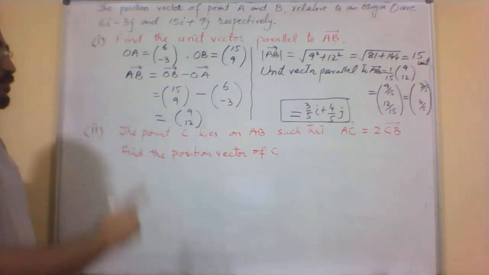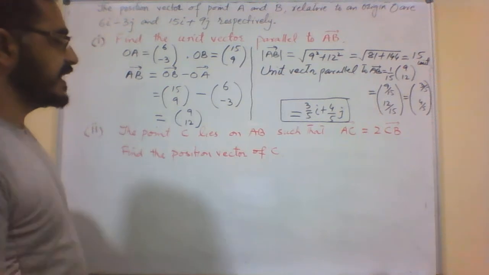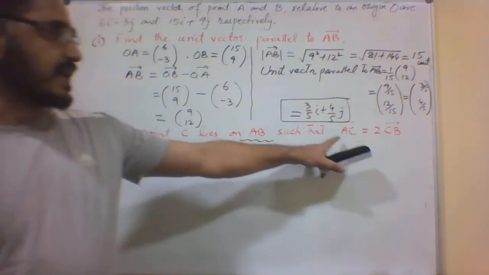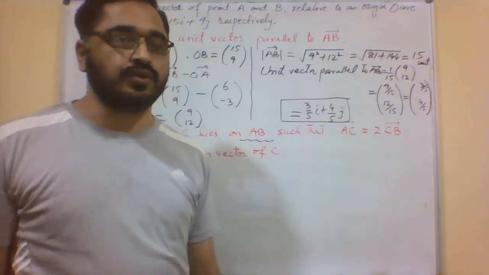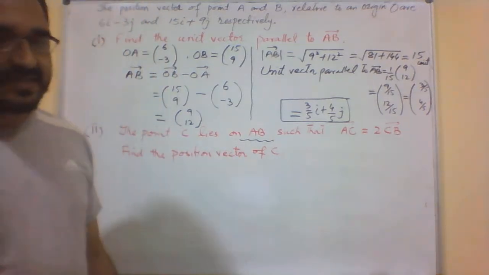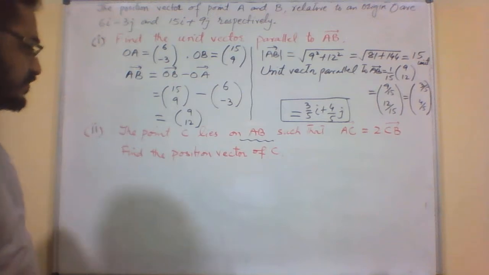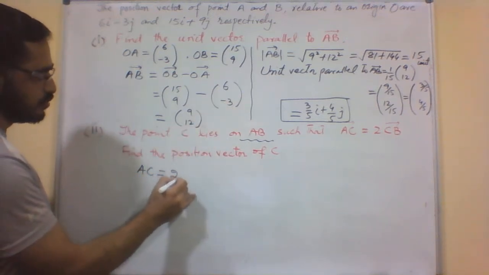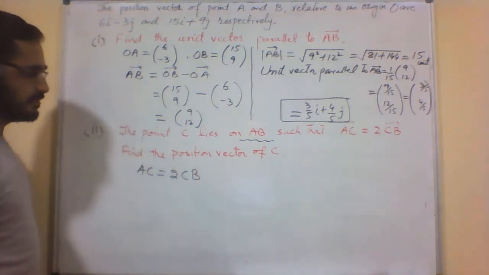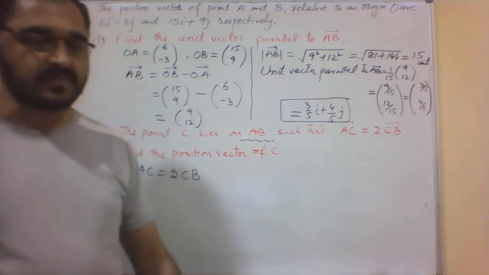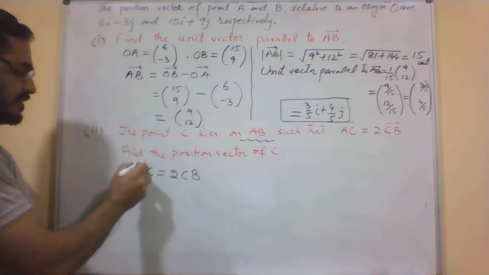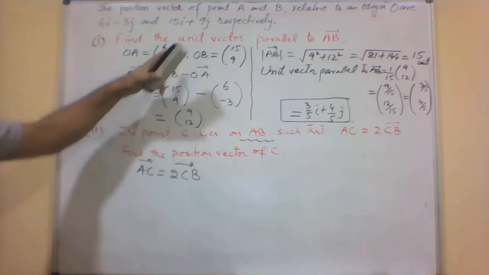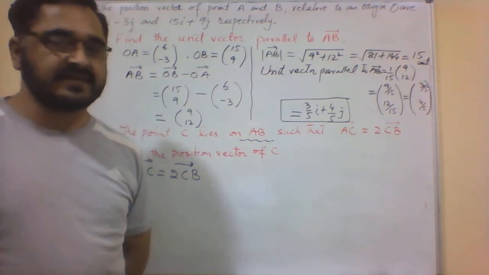Then the second part: point C lies on AB such that AC is equal to 2CB. This is given. As in the first part, AB is OB minus OA.